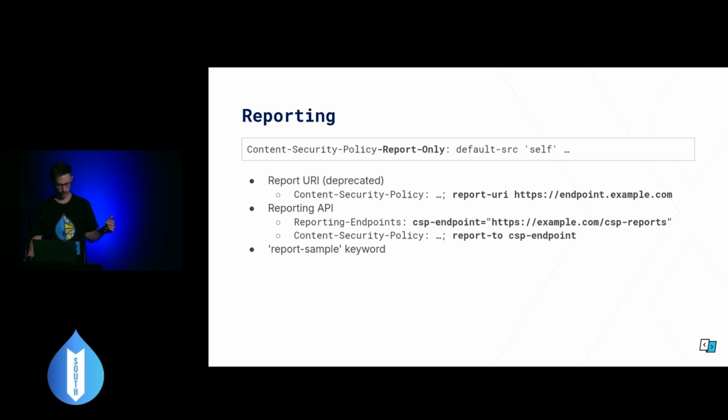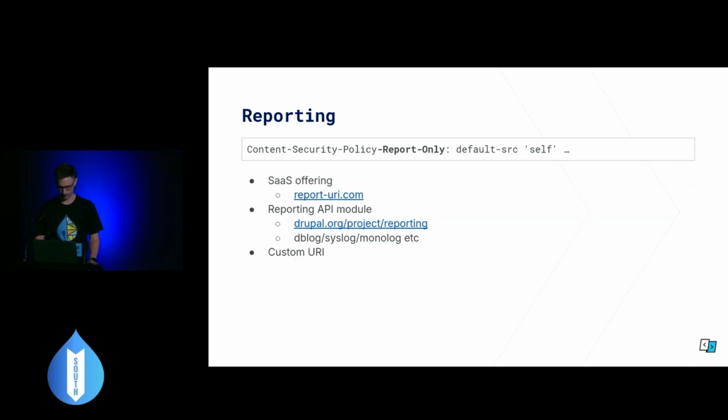There's a new API called the Reporting API, where you basically specify a CSP endpoint. It's similar, you can read up on it. And then there's that report-sample keyword that we saw before in MDN. Basically that says if we have a violation for an inline script or an inline style, include a snippet of that script in the reports that are sent to the endpoint. That way we can try and track down what is actually being blocked.